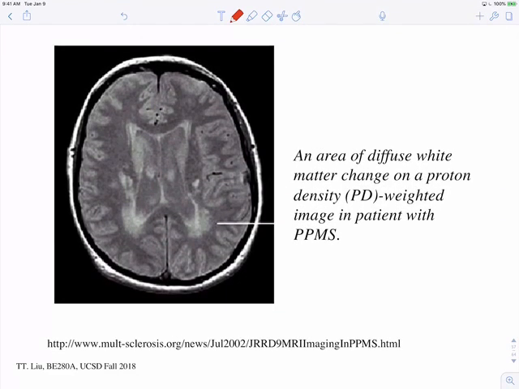Here's an example where they're detecting a white matter change in this area in someone with, I forget the exact details, but I think some sort of multiple sclerosis, and the density of water is a little higher than in the surrounding. This is sort of normal white matter here. They're arguing that there are some diffuse changes in the proton density indicating there's some multiple sclerosis in this subject.